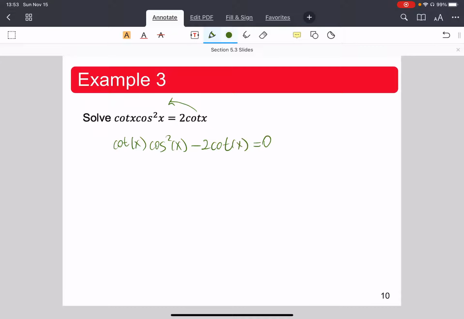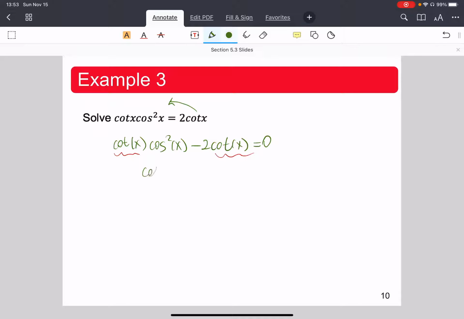Okay, so you guys realize that I have two terms on the left. One has cotangent and the other one is cotangent itself as well. So maybe I can factor that out and see if I can do anything with the cosine and potentially simplify it in some ways.